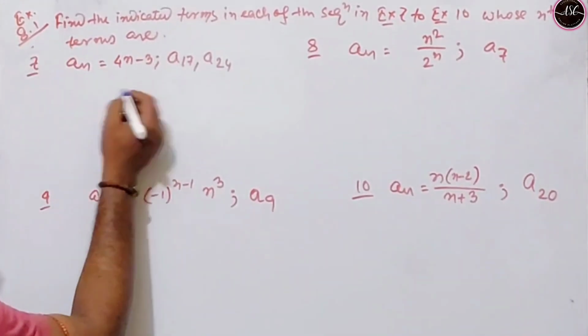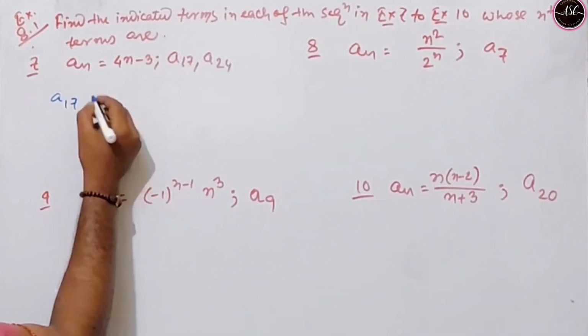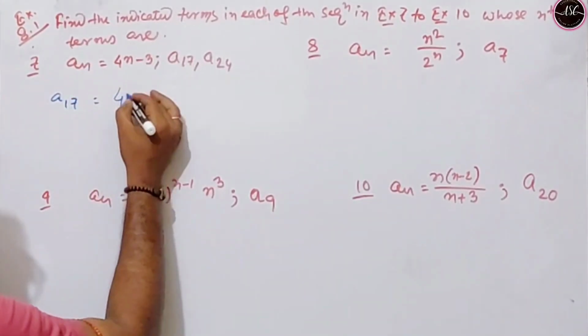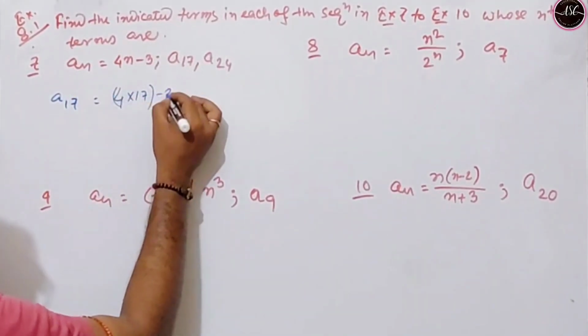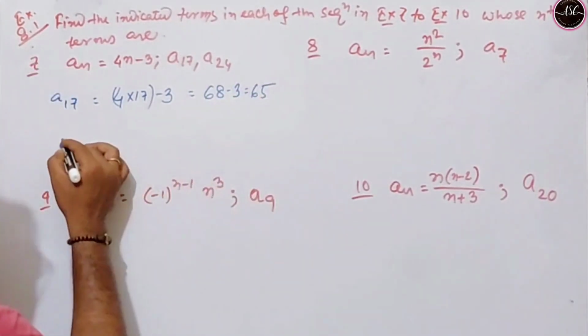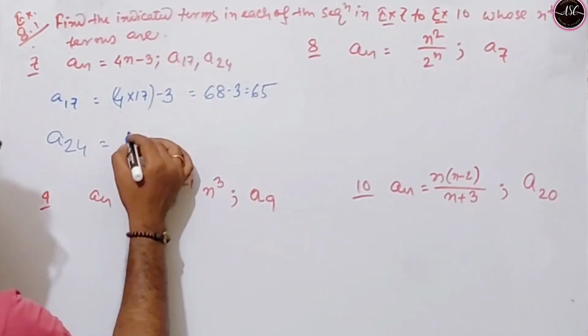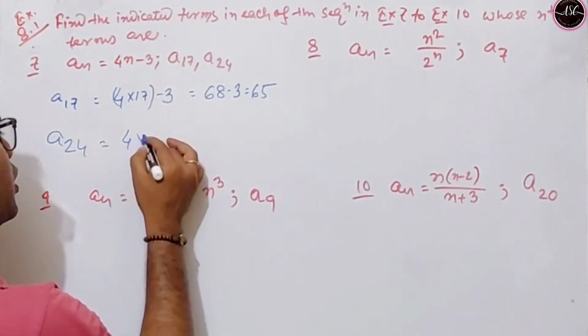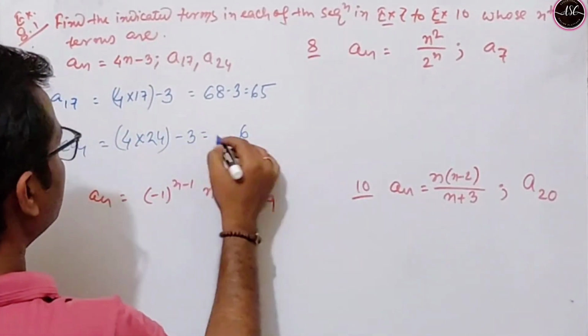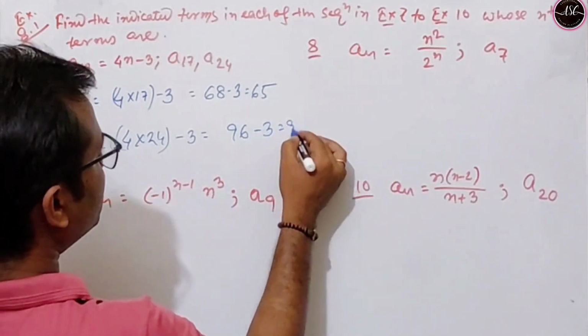So here A17 equal to, just put 17 in place of n. So here will be 4 into 17 minus 3, 68 minus 3 equal to 65. And A24 equal to, just put 24 in place of n, 4 into 24 minus 3, that means 96 minus 3 equal to 93.